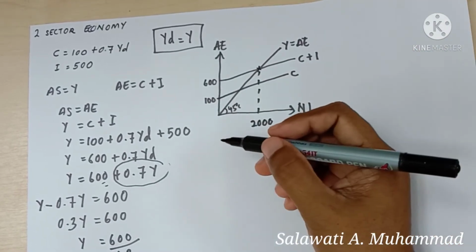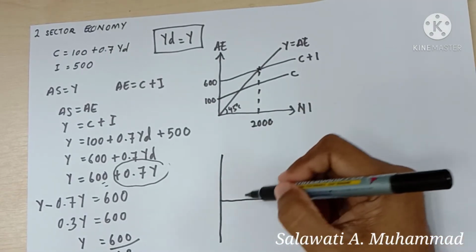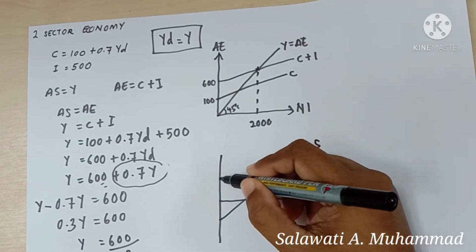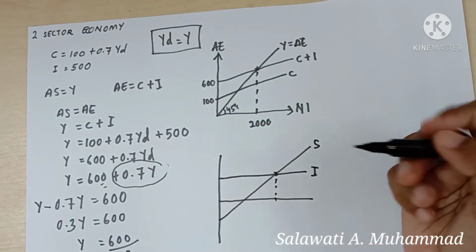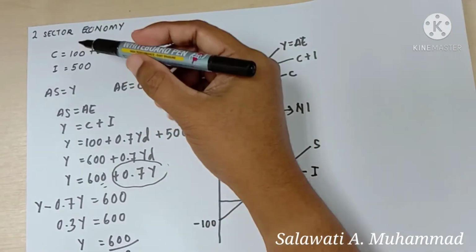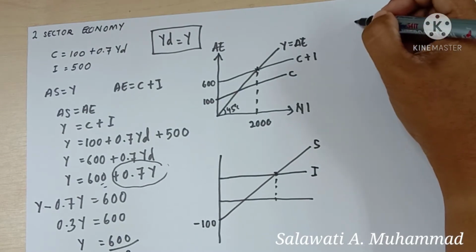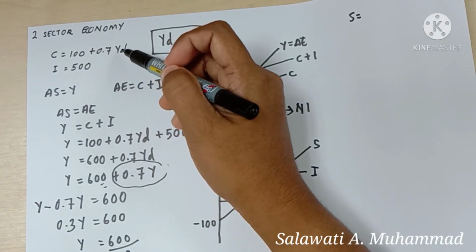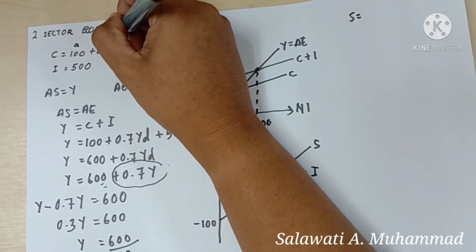While by using the leakage and injection approach, this is saving, this is investment. Here is negative 100. How to get negative 100? By looking at C. When C is 100 plus 0.7 YD, still remember 100 is A plus B YD.